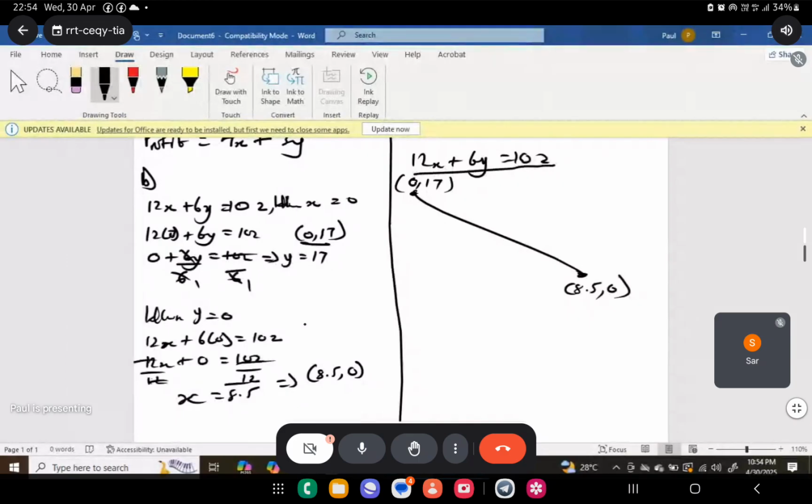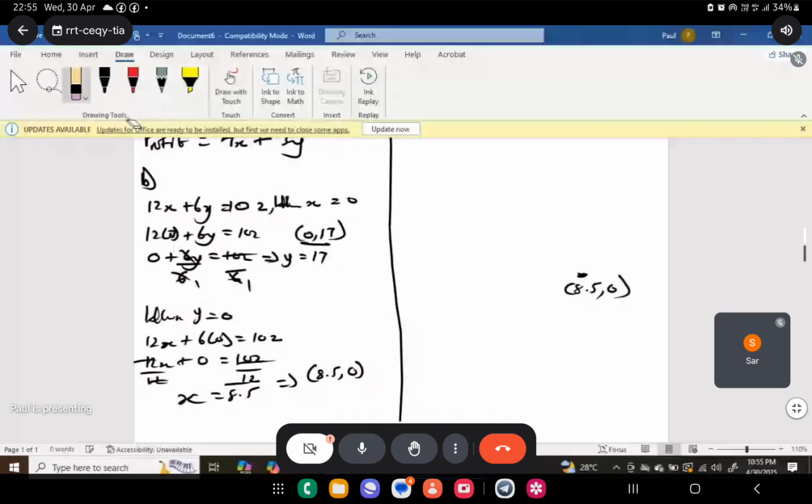Because we are going to graph it, so we need to draw the line. And the line occurs at these 2 points. The first one being x being 0, y being 17. The second one, x being 8.5, y being 0. Do you understand this one before I move on? Yes. Okay.